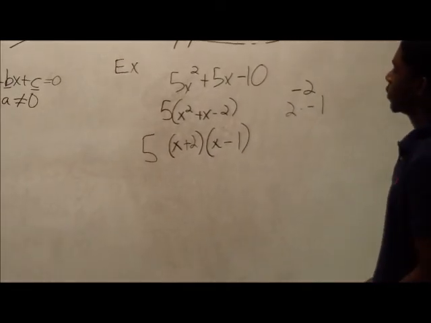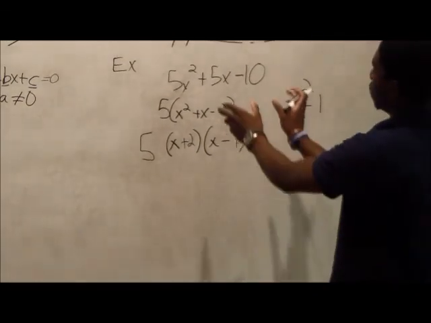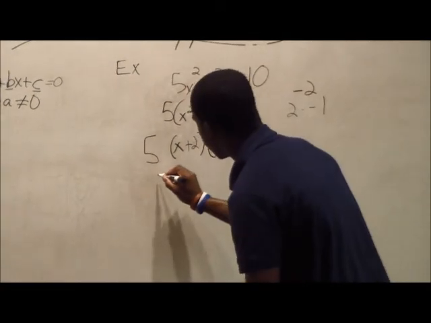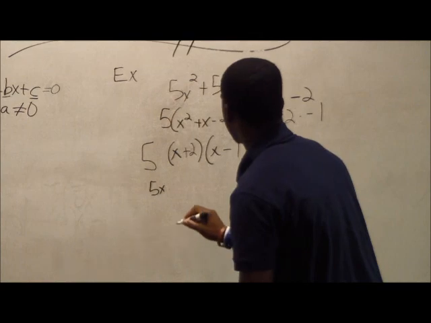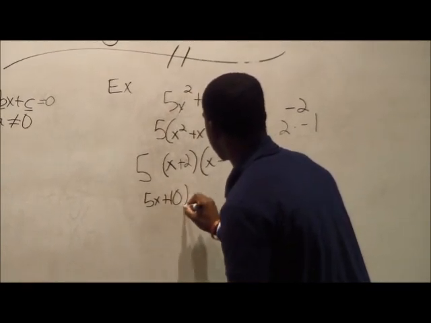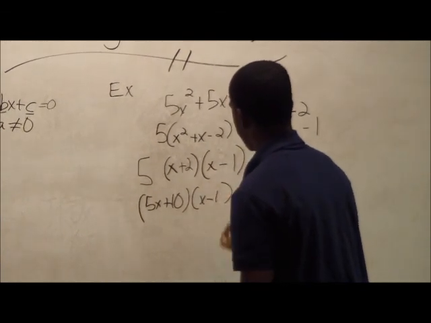And to check it to make sure it's the correct answer, you just have to multiply everything through, and you should get 5x squared plus 5x minus 10. So let's try that. 5 times x equals 5x. 5 times 2 equals 10.